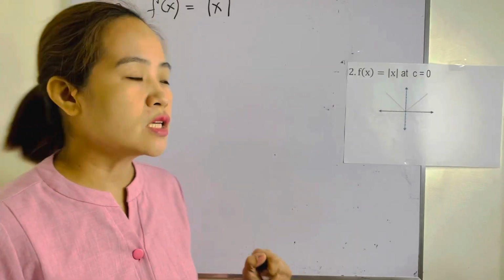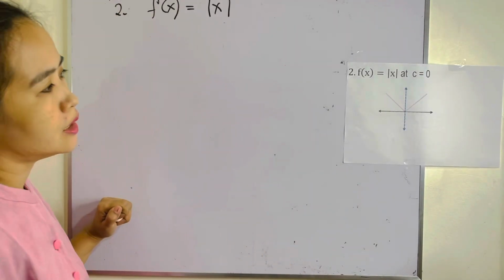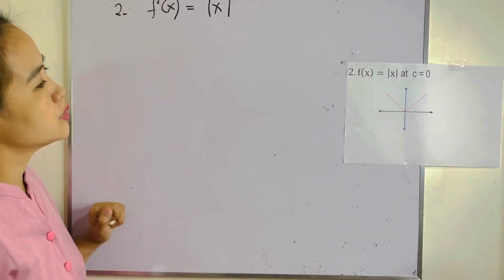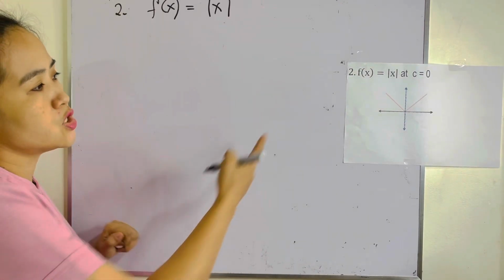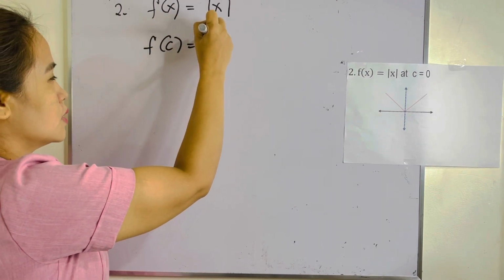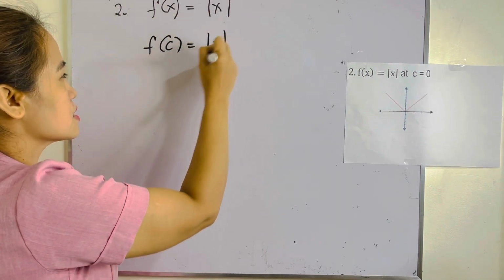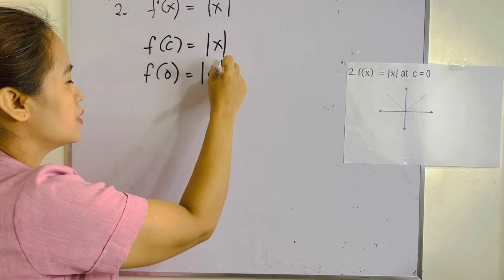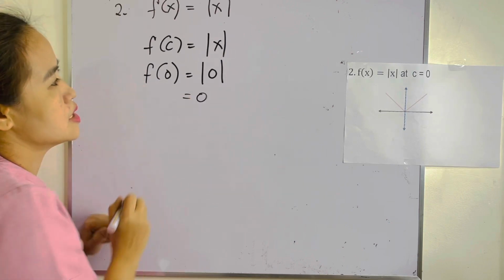Since the function is already differentiable at c equals 0, let us now determine whether it is also continuous at c equals 0. F of c is equal to the absolute value of x. So our c here is 0. The absolute value of 0 is, of course, 0. It is defined.